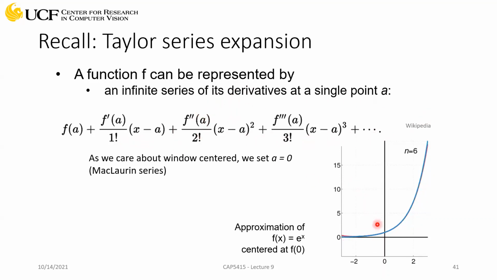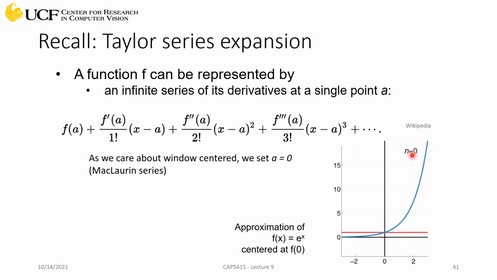This is exactly what this curve is trying to show you. If you have a function, let's say exponent of e, which is the blue curve over here, and this value of n is showing you how many terms you are going to use in this Taylor series. You can see that when you're not using any term, it's kind of a straight line, right? And if you use the first term, again it's going to be a straight line with some kind of slope.